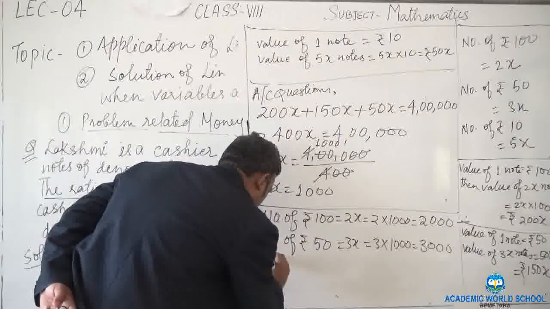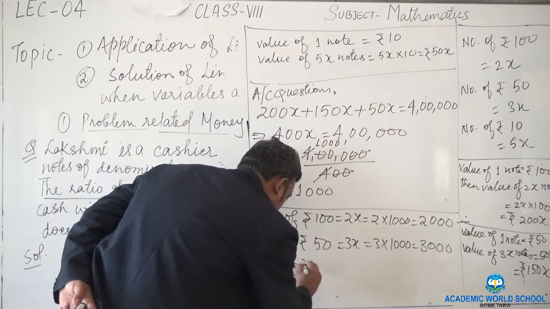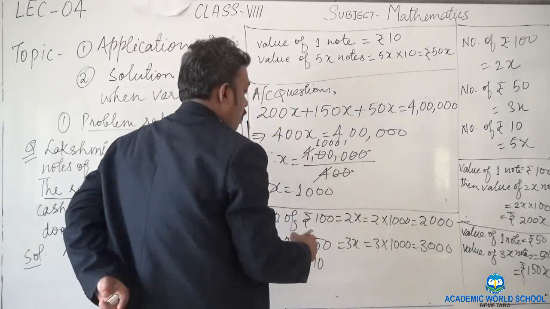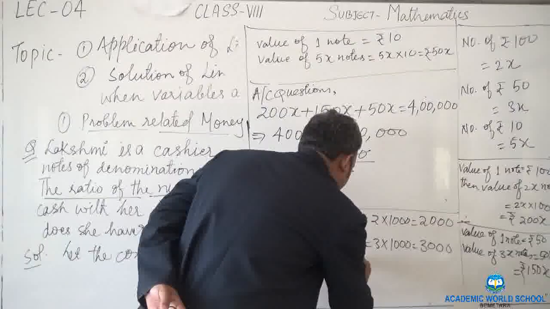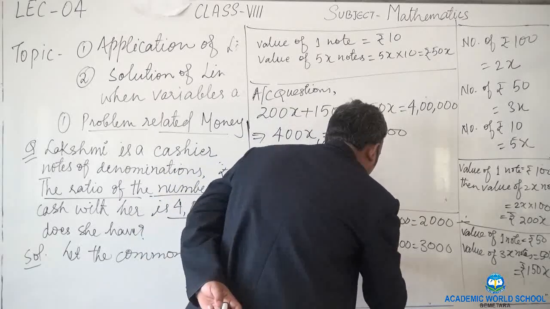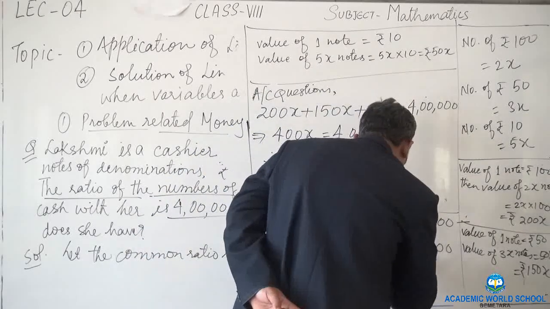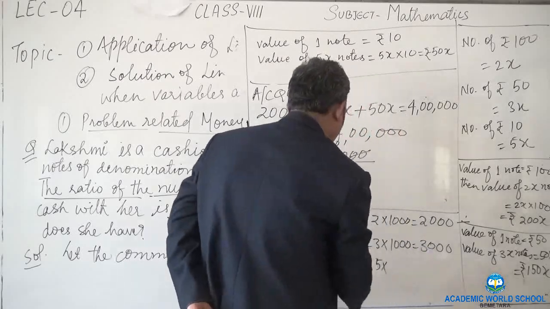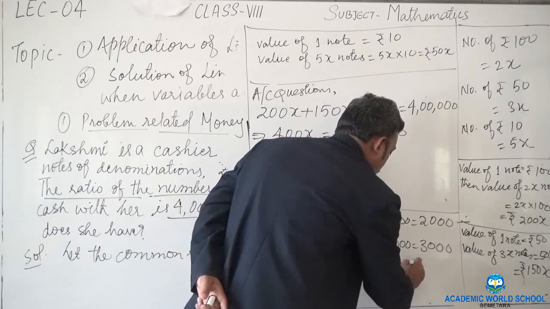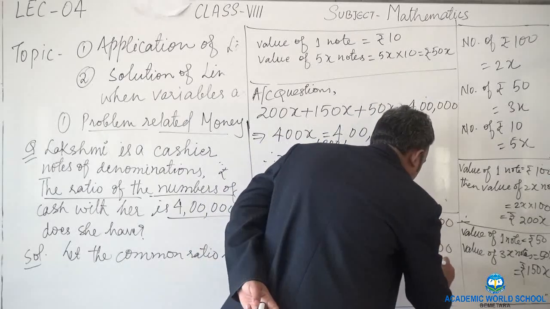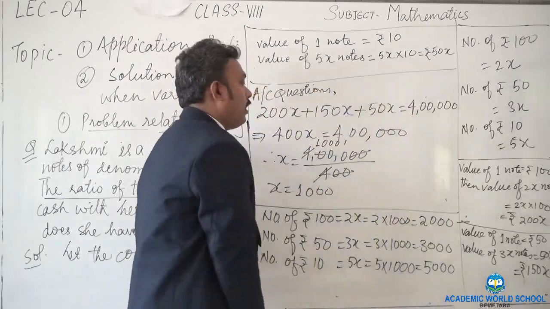Now number of rupees 10 notes is 5x. So 5 into what? 5 into 1000, 5000, right?